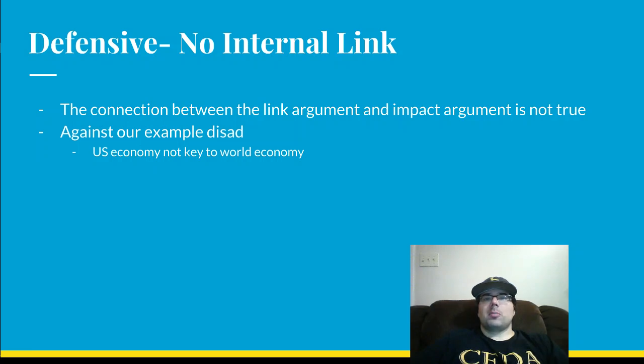So this would work specifically well if the impact evidence that they're reading about economic collapse causing war was indicative of the whole global economy collapsing and causing war, as opposed to just the U.S. economy. So if that were the case, and the link evidence is only about the U.S. economy, there would be no internal link, because there's no reason why U.S. economic decline collapses the entirety of the global economy.